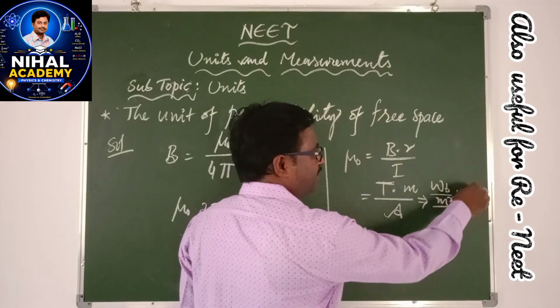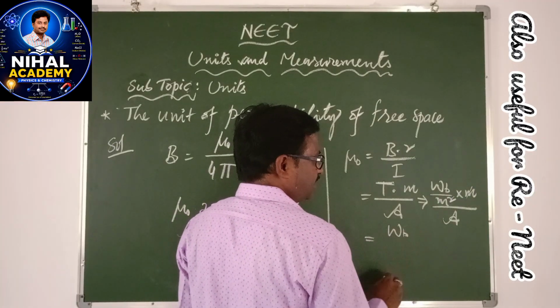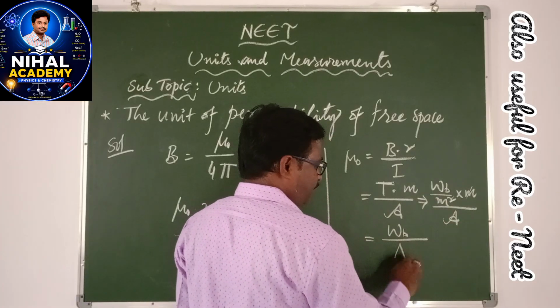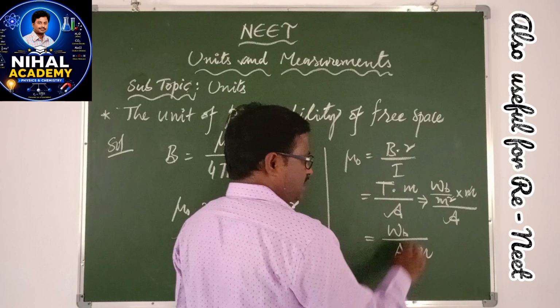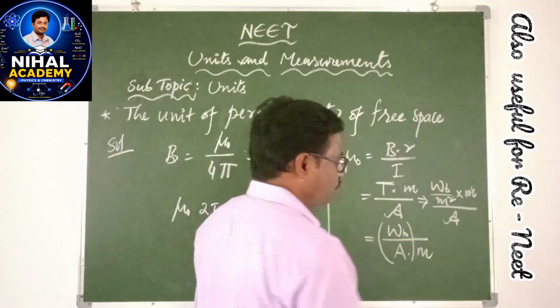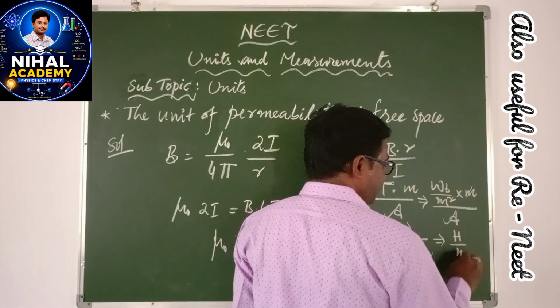So here meter cancels. So this is equal to Weber by meter and ampere, so ampere into meter. So this is Weber by ampere. Weber by ampere is equal to 1 Henry.